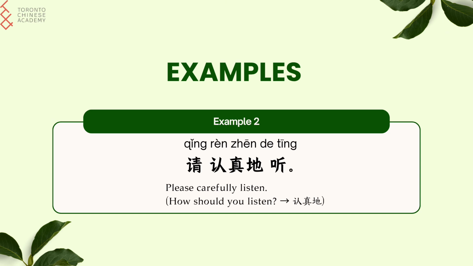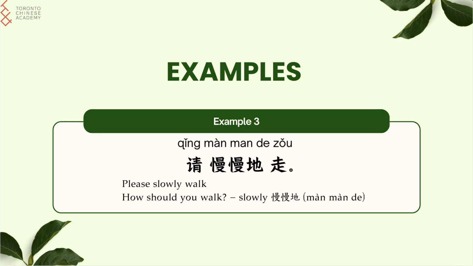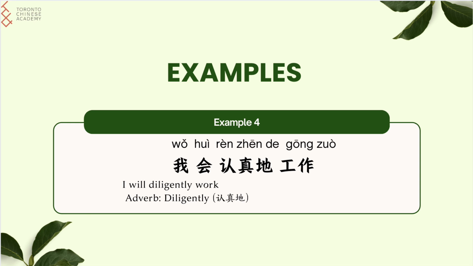认真地, carefully. In this third example, you can say, 请慢慢地走. Please slowly walk. It answers, how should you walk? 慢慢地, slowly. In this fourth example, you can say, 我会认真地工作.